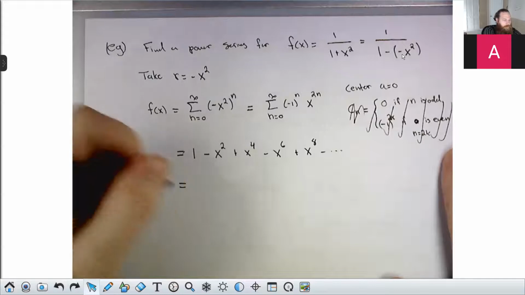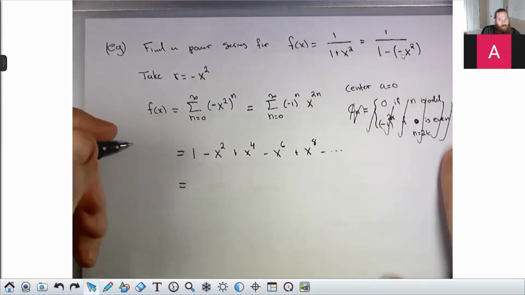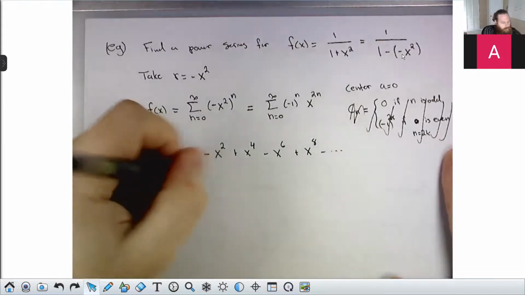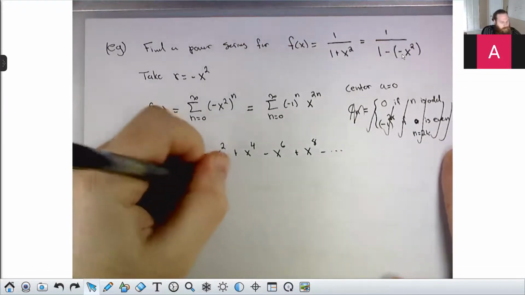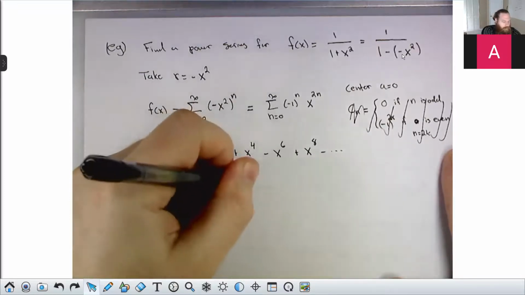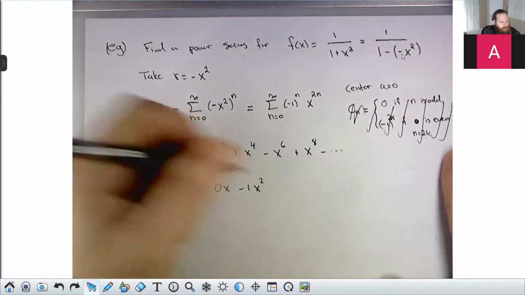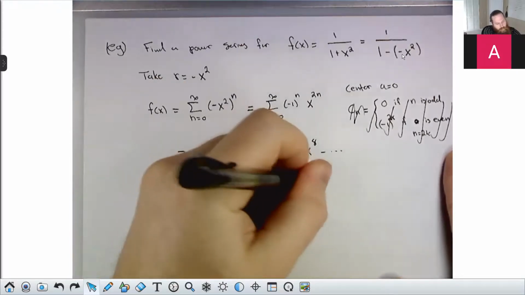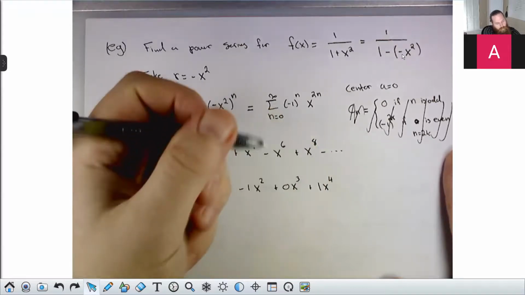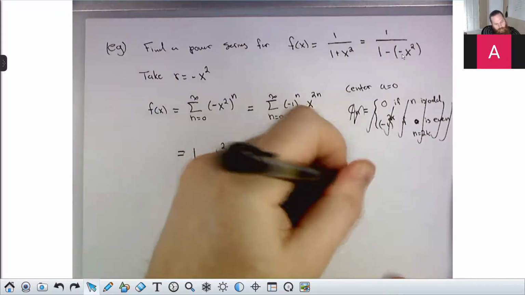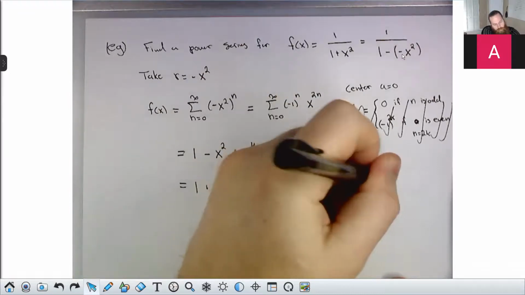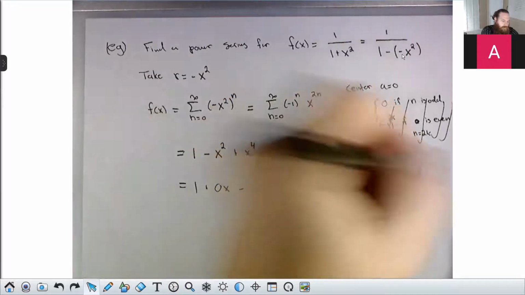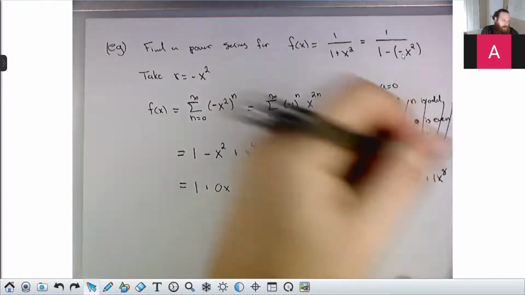If we wanted to be really careful about writing this out and getting a formula for the cn's, which is something that's going to matter later, I'd write this as 1 plus 0x minus 1 times x squared plus 0x cubed plus 1 times x to the 4 plus 0x to the 5 minus 1 times x to the 6 plus 0x to the 7 plus 1 times x to the 8.